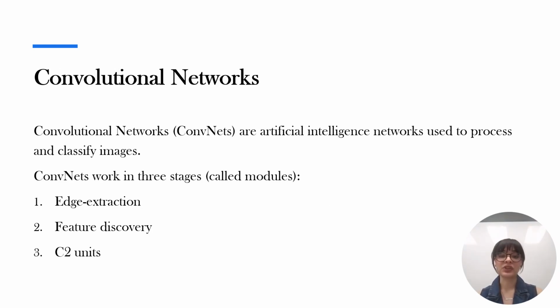Convolutional networks, which I will call ConvNets, are artificial intelligence networks used to process and classify images. ConvNets work in three stages, which are often referred to as modules. The first is the edge extraction module. The second is the feature discovery module, and the third is the C2 unit production module.